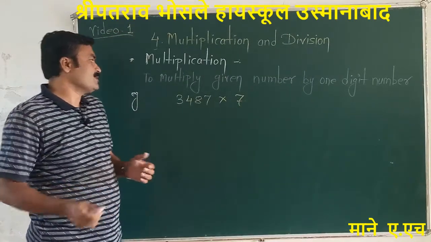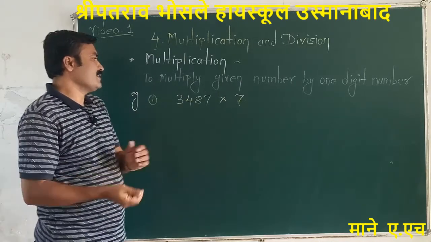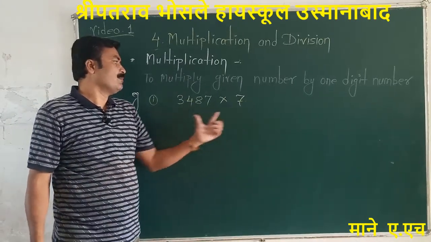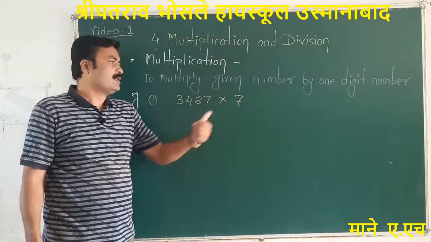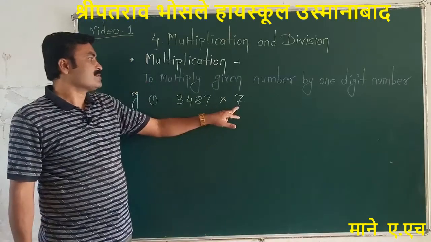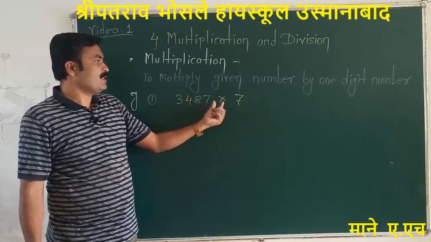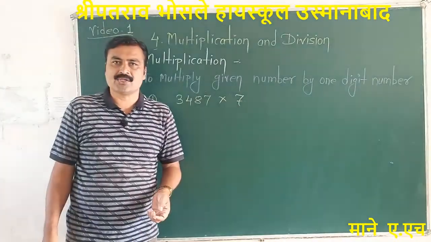While writing this example, I am taking two numbers, 3487, a 4-digit number, and 7, a 1-digit number. The sign I am taking between these two numbers is known as the sign of multiplication.